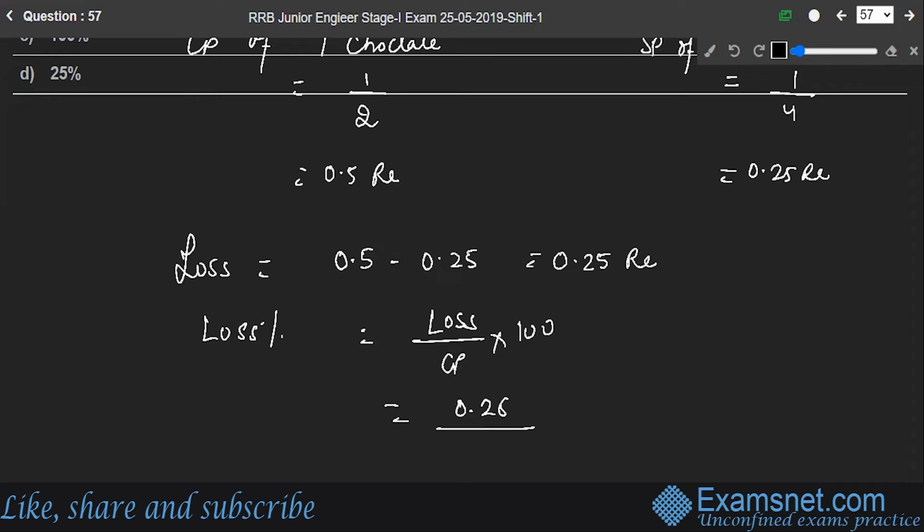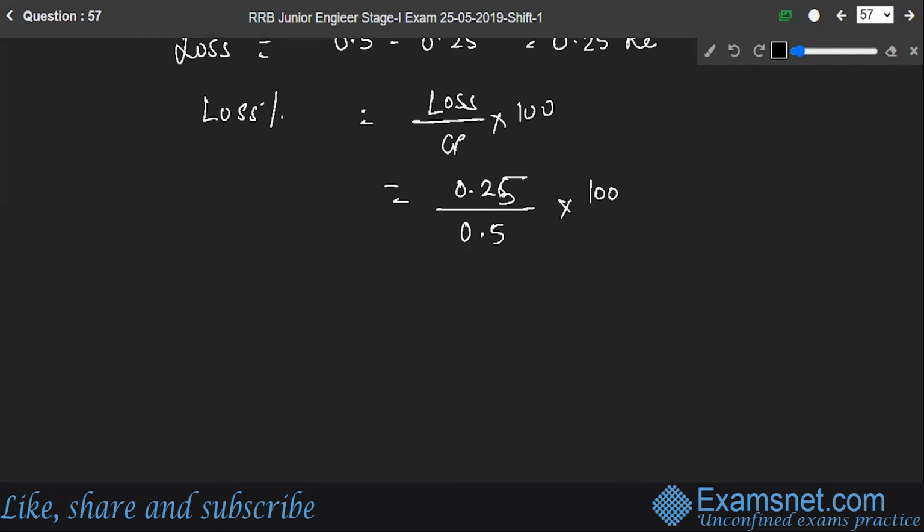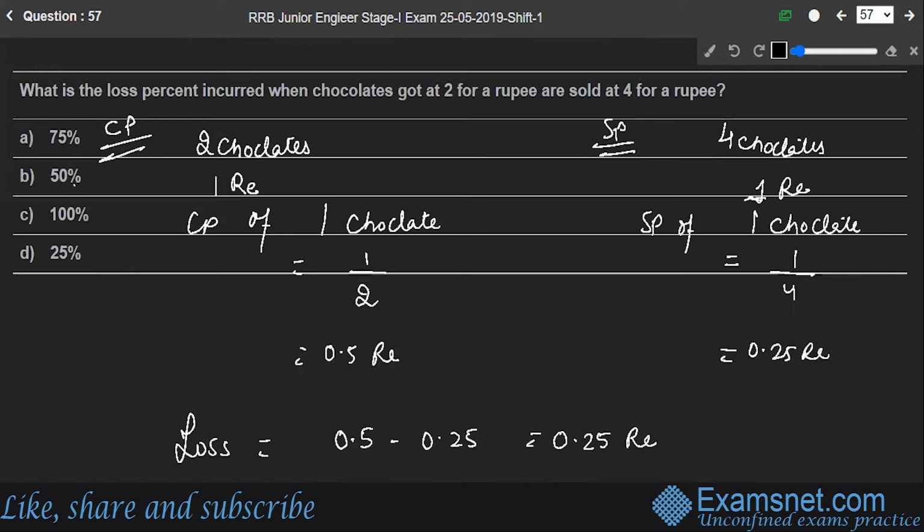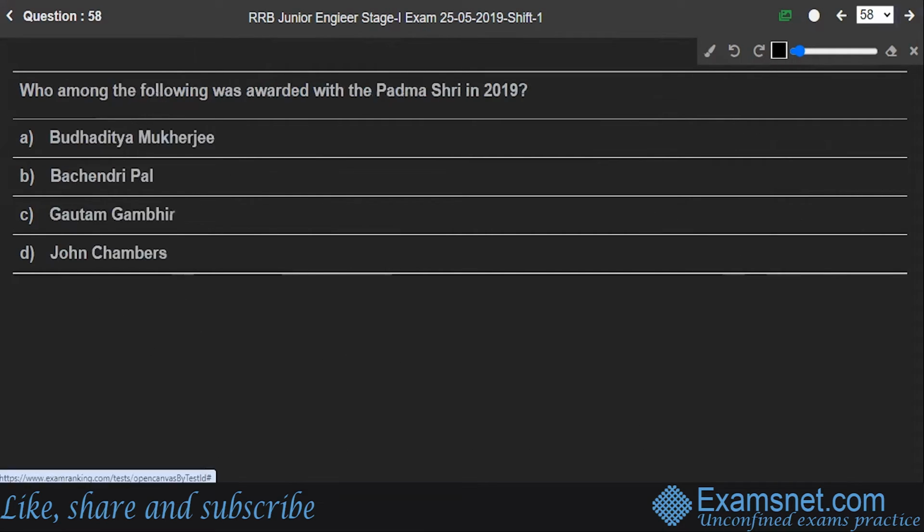Loss is 0.25 upon 0.5 into 100, or 25 upon 100 into 10 upon 5 into 100. They will cancel, and you are having 50% as the answer. So here you have the option as the correct answer. Hope you understood this. Next is question number 58.